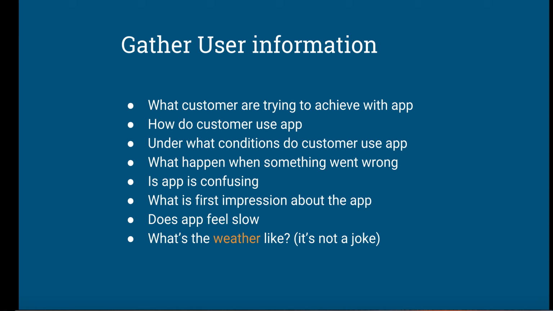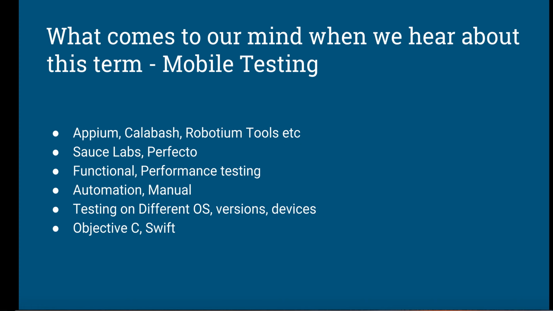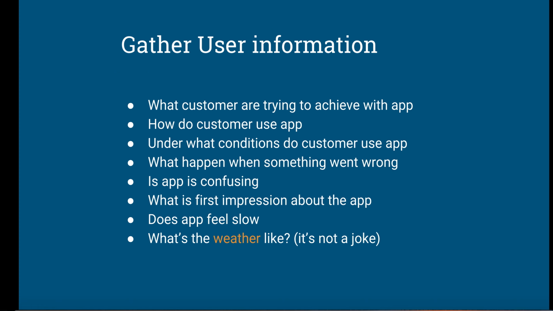I will show you in this session that your app actually depends on the weather, whether outside or inside, which has an impact on your app. We will see all these non-functional aspects of an app. That's why I'm giving this session, because people only think about the tools whenever they hear the words mobile testing.